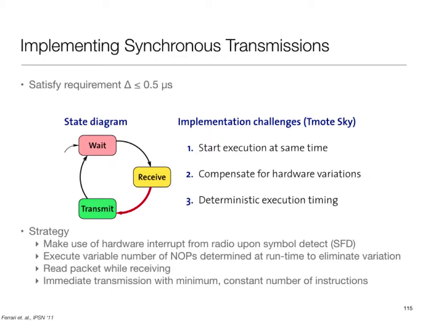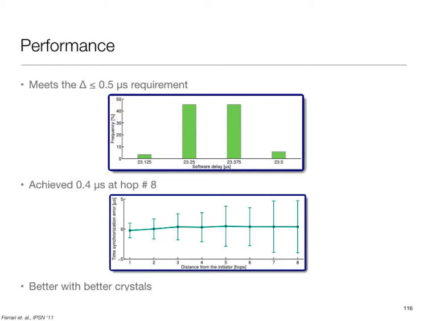The group which did this work put in a lot of effort in writing very predictable code. Even little effects like caching can cause half a microsecond error, which is very easy to run into. But they pulled it off, and they made extensive use of features from the radio, for example the start of frame delimiter signal, which I had mentioned some radios provide for timestamping.